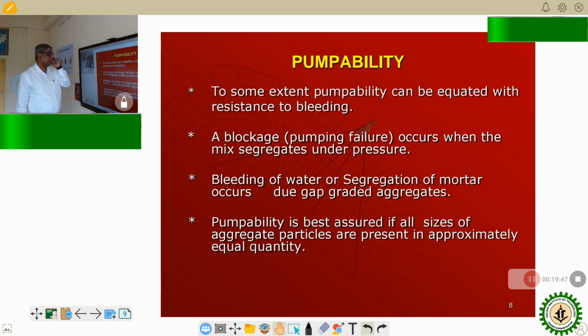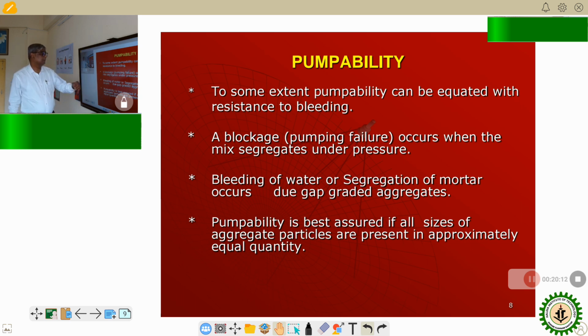Now, pumpability, you see that you can equate it to the resistance to bleeding. That means if the bleeding is more, it is difficult to pump to the top. Then the blockage, pumping failure, that's a big problem, right? And due to that, there will be segregation under pressure.